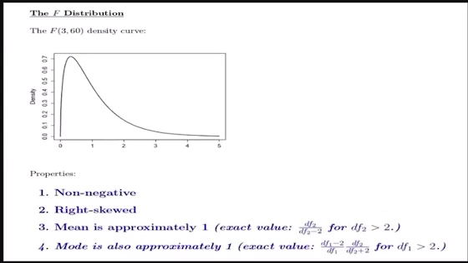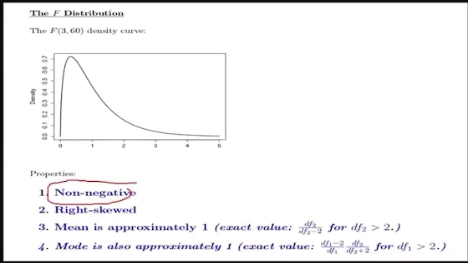This is the shape of the F distribution. What do you see? Always skewed to the right. You remember under T, it could be skewed to the left, skewed to the right, or even balanced. But here, you can see this is skewed to the right, non-negative. You know the meaning of non-negative here?